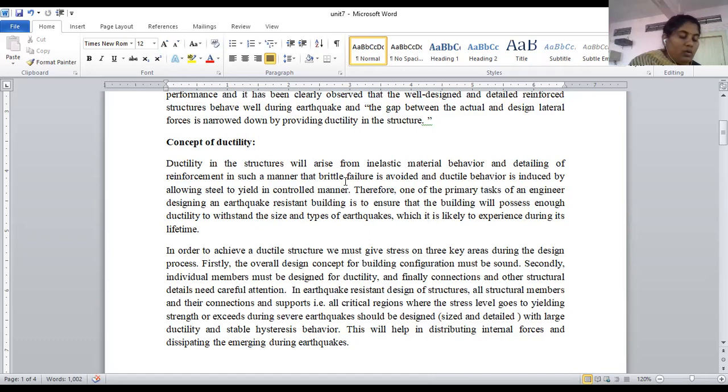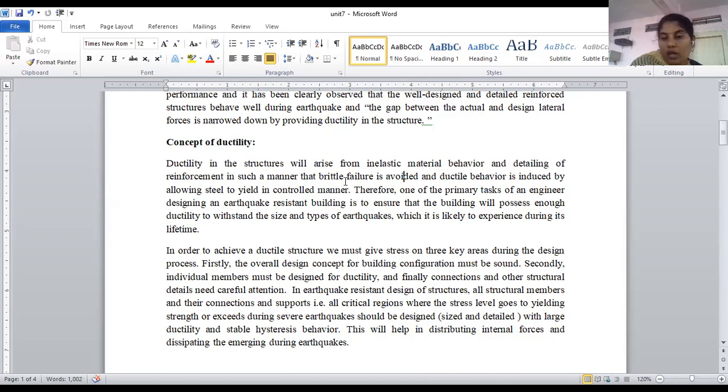Already we know the designer is making the design of the building: what type of steel reinforcement should be used, the bars and their dimensions, all decided by the designer only. The engineer or architect making the plans should know the basic fundamentals of how to increase ductility, how to induce ductile behavior into the steel, so we can achieve an earthquake resistant building.